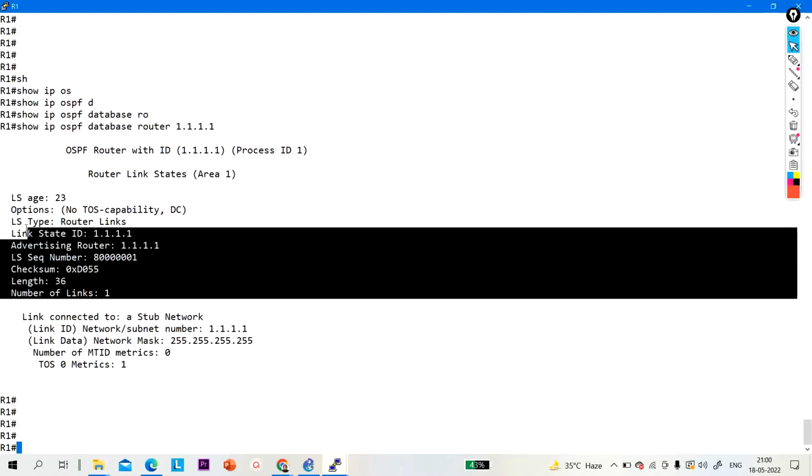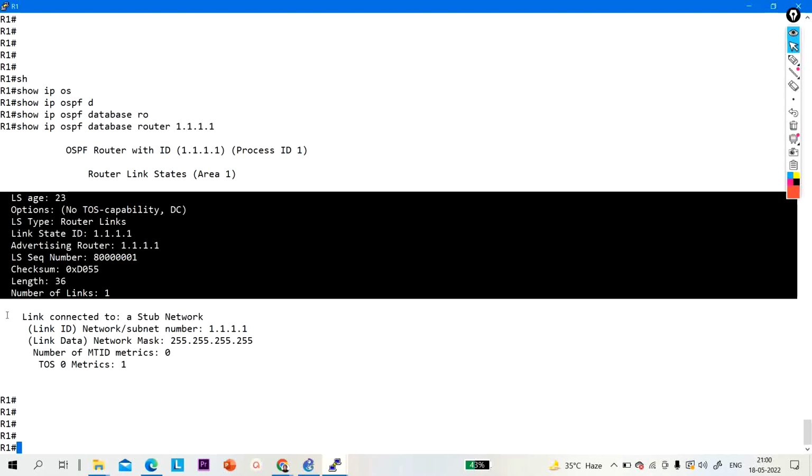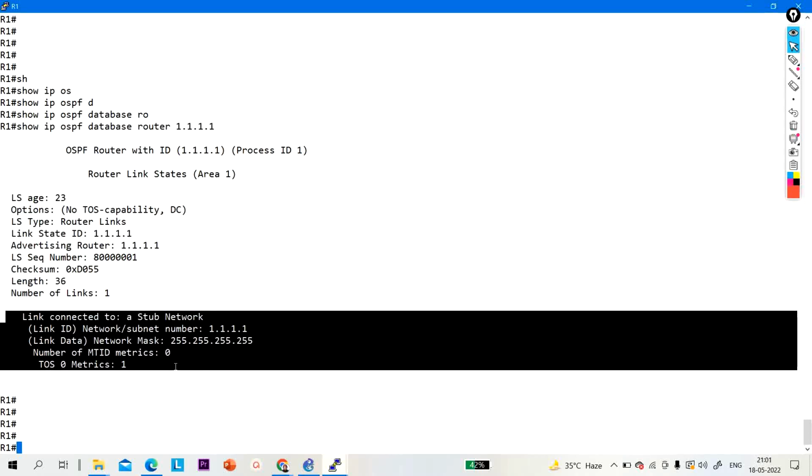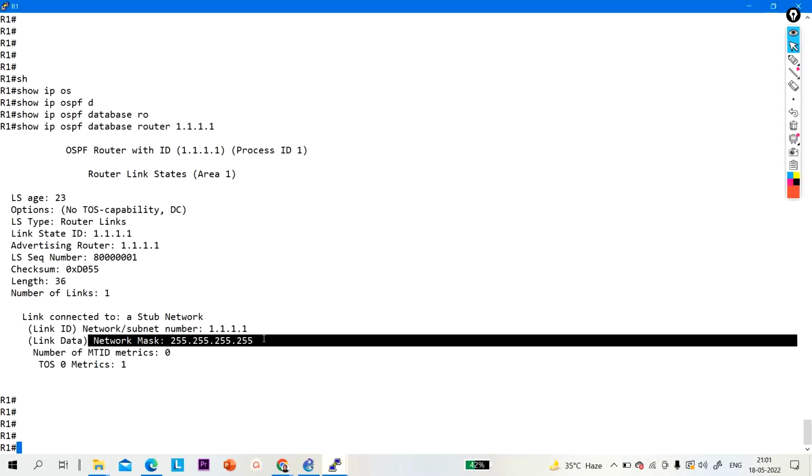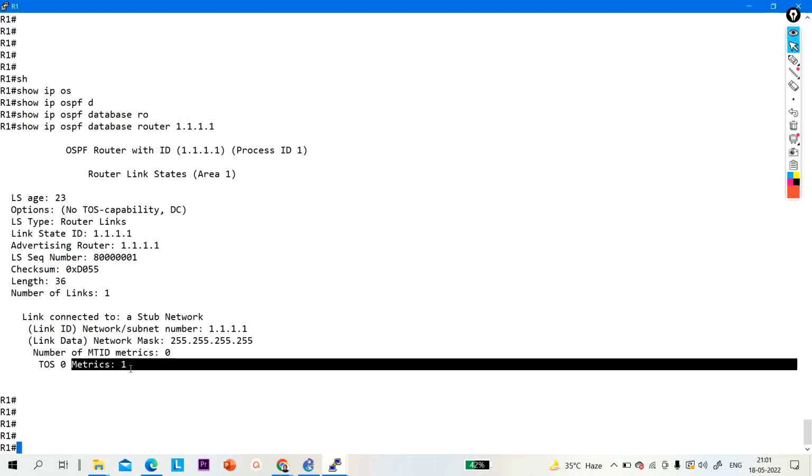This is the header of LSA 1 and this is the information of the link. Network is 1.1.1.1 and subnet mask is 255.255.255.255 and the metric of this link is 1.